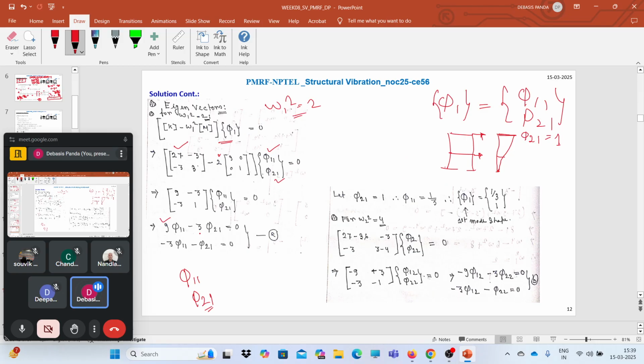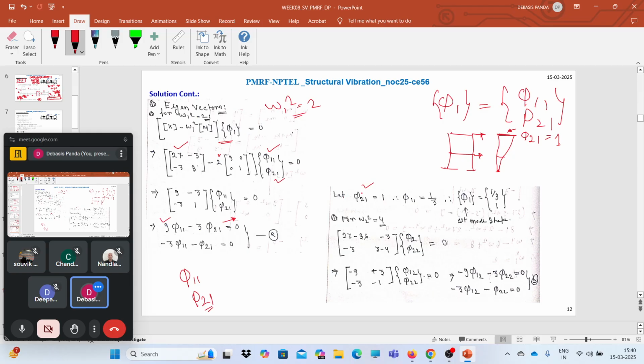Because here we have two unknowns, we don't have any known value. So how to solve this equation? First, what we generally do, we normalize this coordinate, the last degree of freedom, to 1, and simultaneously solve for the other ordinates.